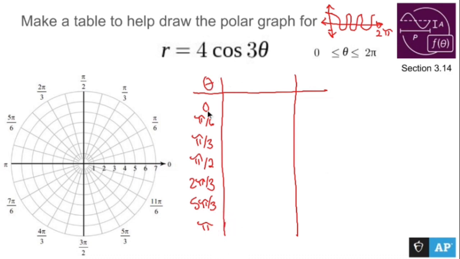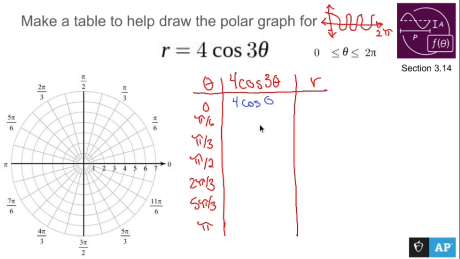All right, I'm going to plug in that theta into 4 cos 3 theta, and that'll give me an r value. So if I do 4 cos 3 times 0, that's going to be 4 cos 0.